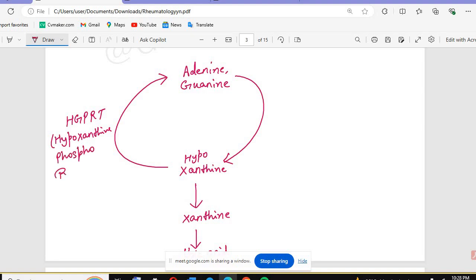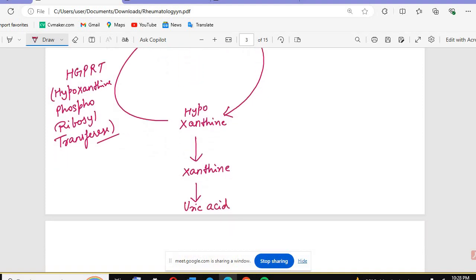So adenine and guanine will be converting into the hypoxanthine, and the hypoxanthine will be converting into the xanthine, and this will be with the help of the enzyme known as xanthine oxidase. And again here we have the enzyme xanthine oxidase.